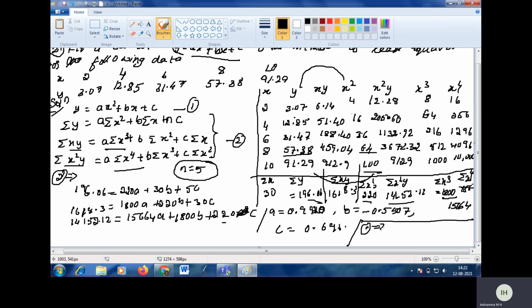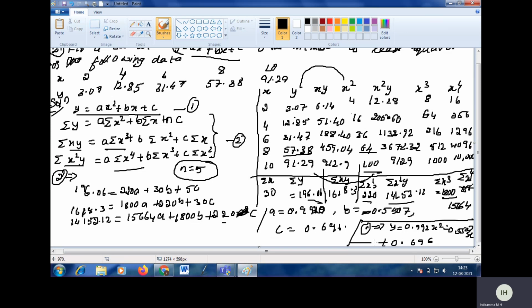Therefore, equation 1 becomes, y is equal to a into x square plus b into x plus c. Here you substitute a, b, c. So y is equal to 0.992 into x square plus, here we have minus, plus into minus is minus, 0.5507 into x, plus c, plus 0.696.